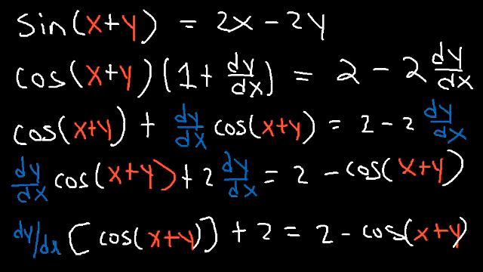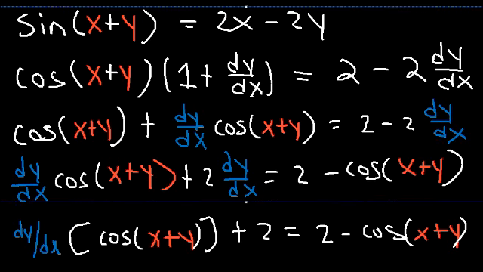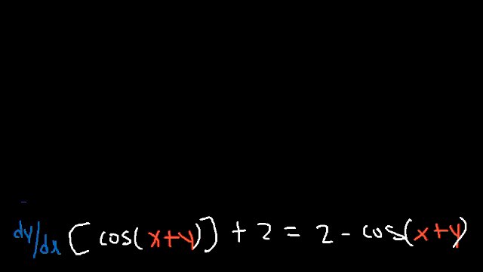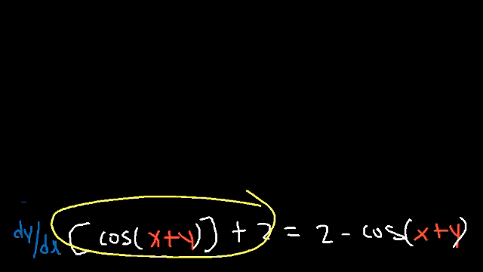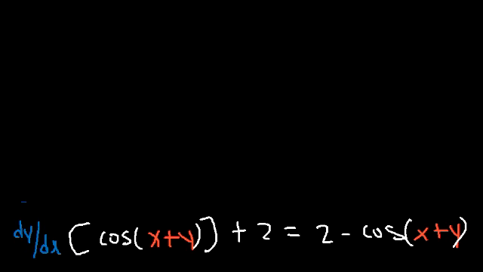So now we need to isolate dy dx. We need to divide both sides by this part. The parentheses should end here, so this shouldn't be there. I closed it too soon. Hopefully you caught that.